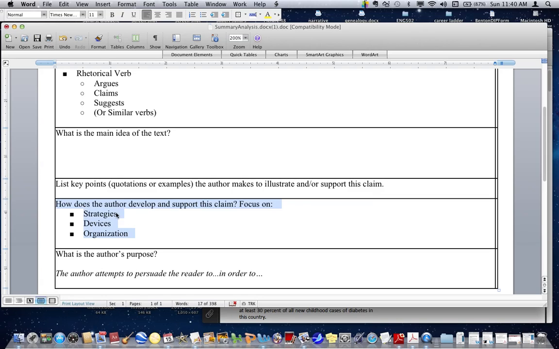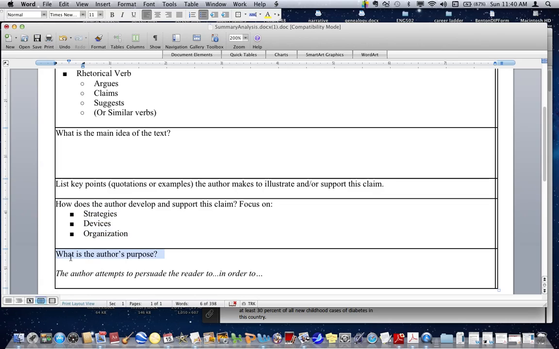I want you to think about the strategies that the author used, the devices that the author used, and then how it was actually organized. How was the text organized? And we're going to break these three down further as we move through the next few weeks. What strategies can an author use, what devices, and what organization can an author use?